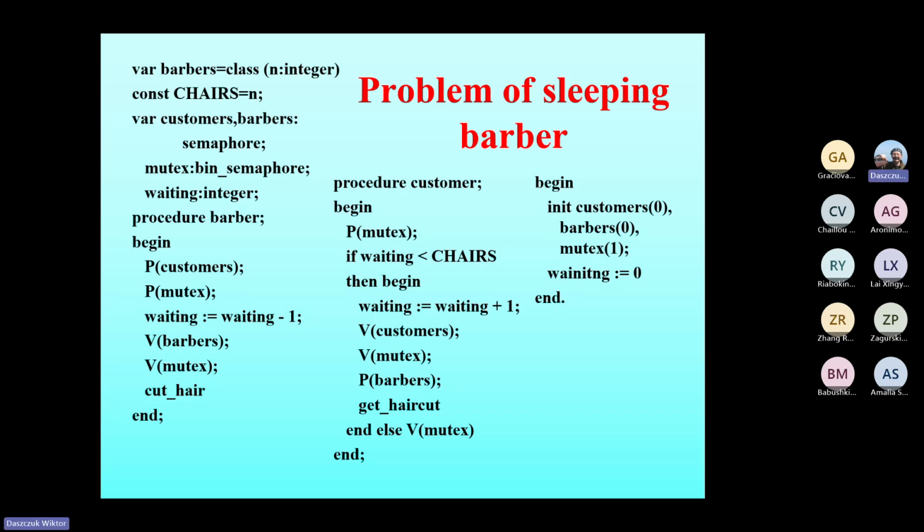They cannot be greater than 0 at the same time. We cannot have the situation where the barbers wait and customers wait. So either we have barbers waiting for customers, or customers waiting for barbers, or a special case in which nobody waits. There are no customers, no barbers, and both semaphores, customers and barbers, are zero.